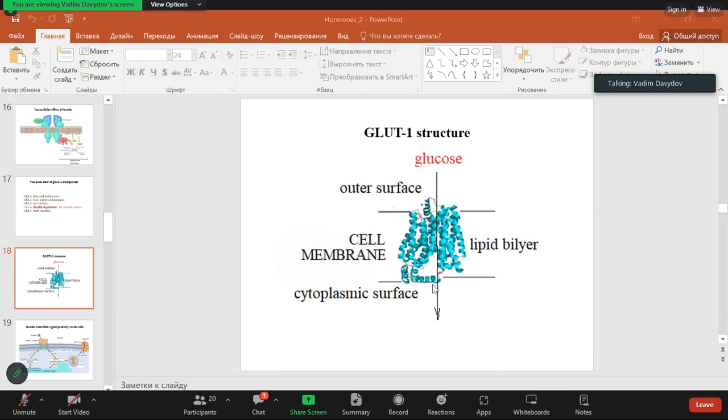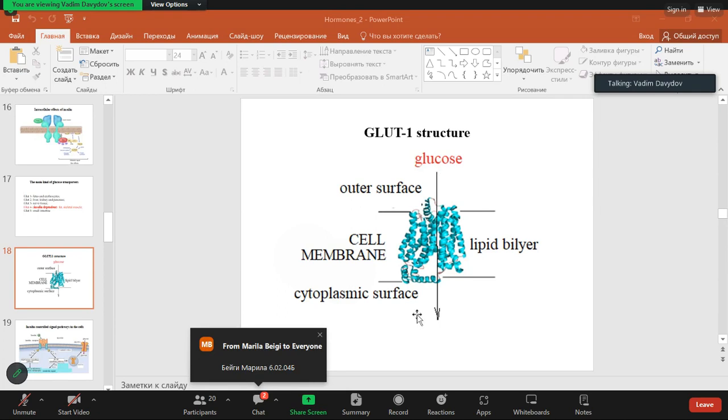All glucose transporters are proteins which consist of a lot of so-called alpha helices, which provide insertion of the glucose transporter in the cell membrane, and through that transporter glucose may pass toward its low concentration. So when the concentration of glucose in the blood increases, it will move inside the cell.